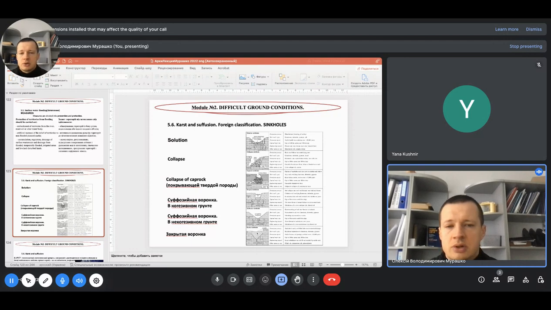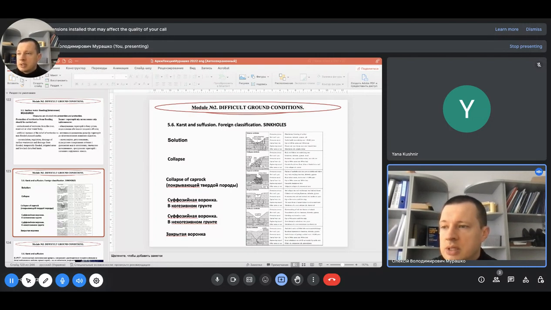Various kinds of sinkholes can be found at the construction site. Not only on the construction site. Sometimes such sinkholes you can find in the middle of the road.